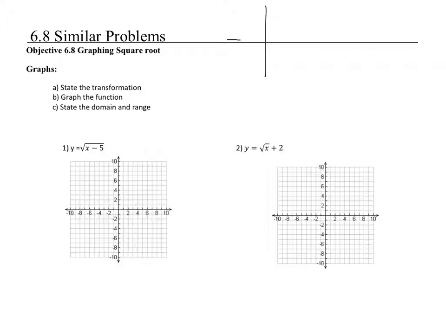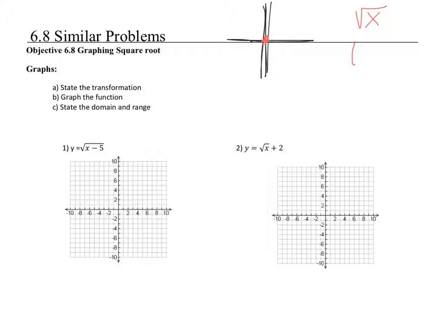So I'm going to draw the parent function over here. This is going to be my xy axis. For the parent function, my vertex starts at the origin, 0, 0. My parent function is just the square root of x. Sometimes it will be easier if you pick one point to solve.